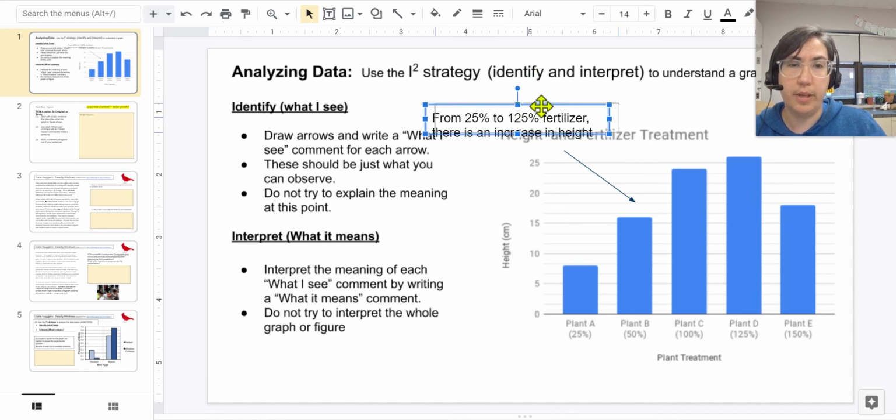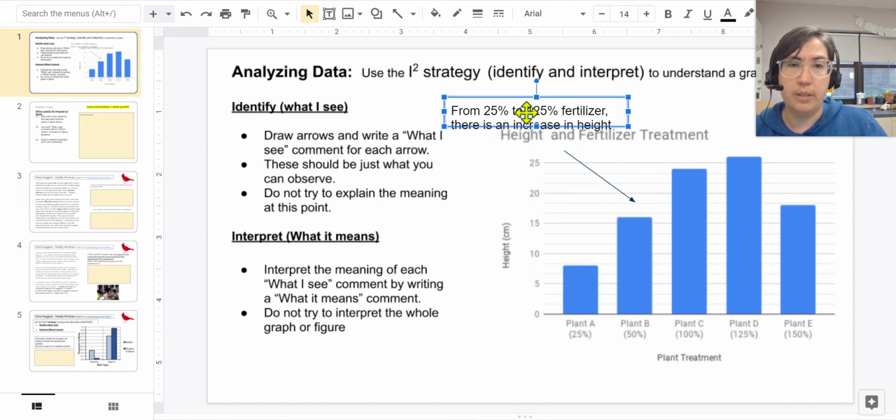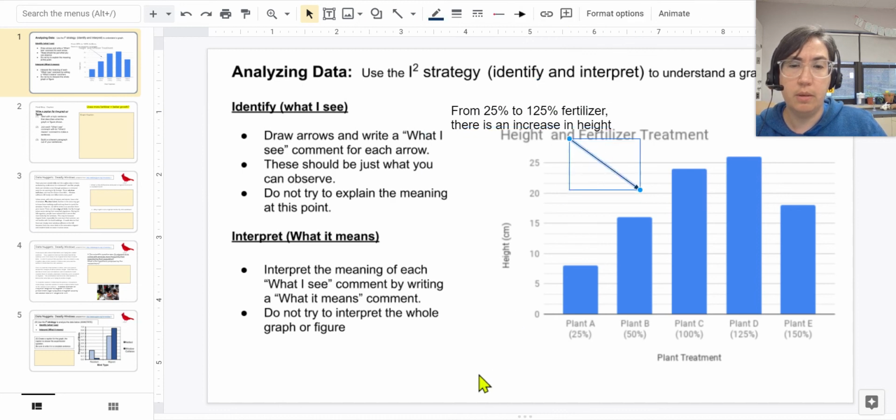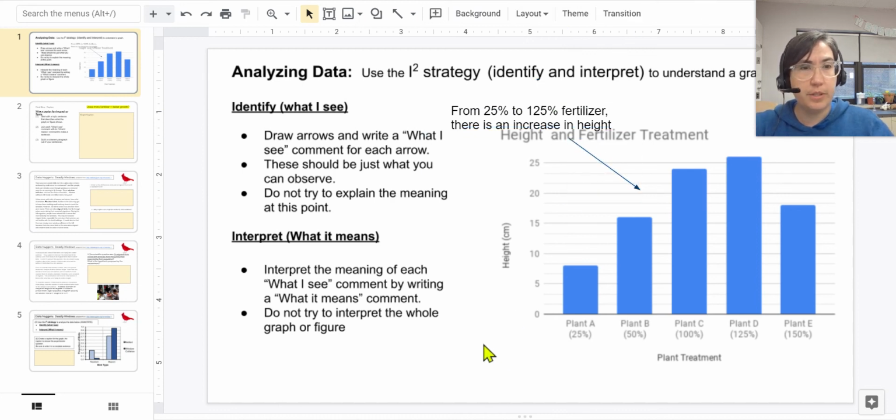Oops. All right, let's move that so I can actually read it. All right, so there's my first identify. I can see that there's an increase in height from plant A to plant D.